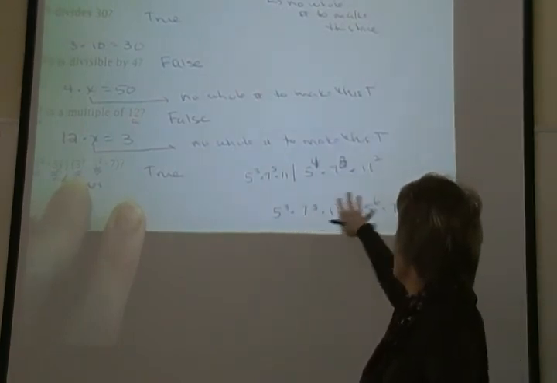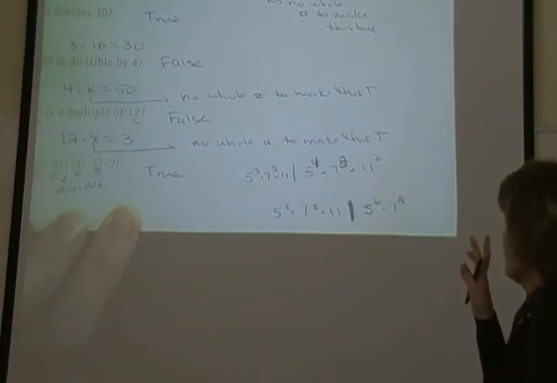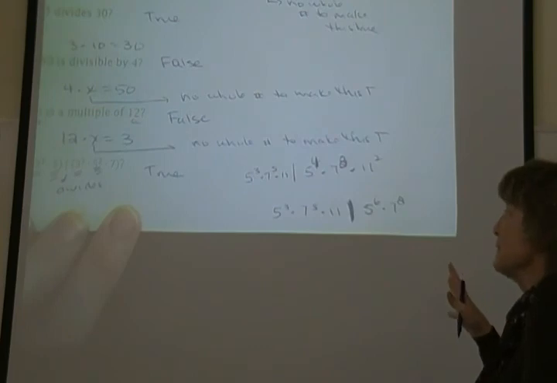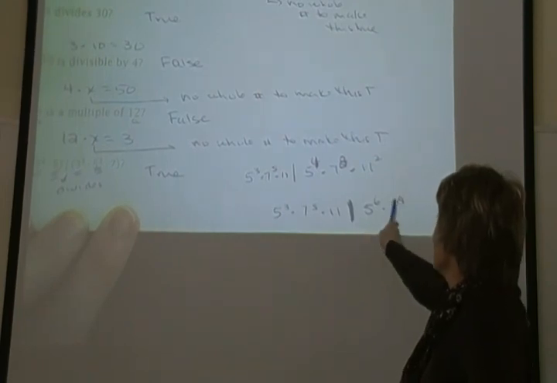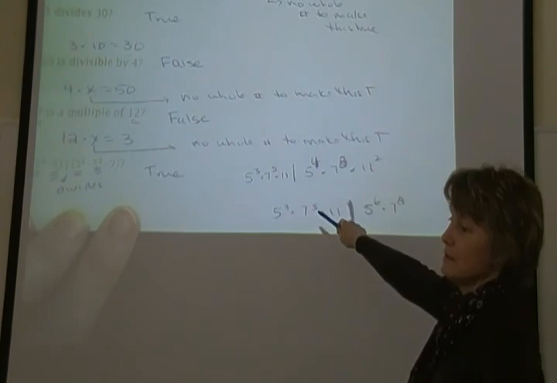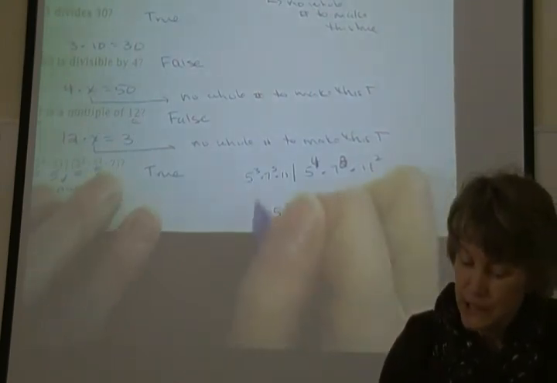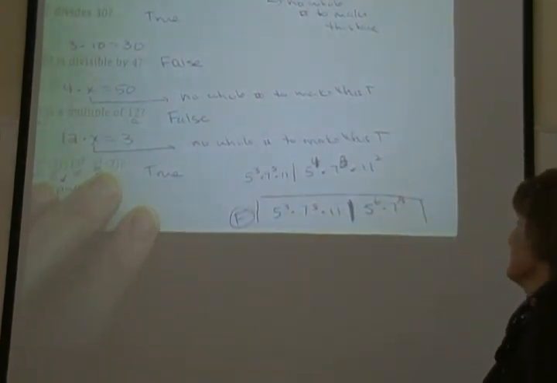So that's why prime factorization makes things easier because you can just compare each factor independently. As your numbers get really big, you don't have to be comparing the large numbers, you're just comparing each factor. And to divide, you have to have all of the factors on the right that are on the left, and at least as many times. So this particular question would be false. I'm missing an 11 on the right.